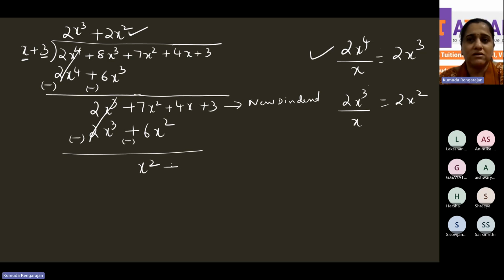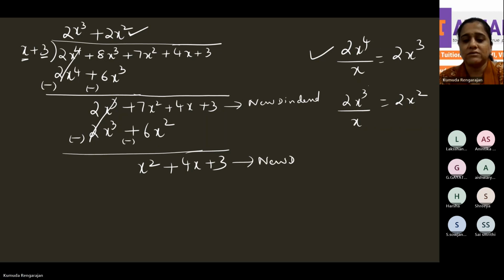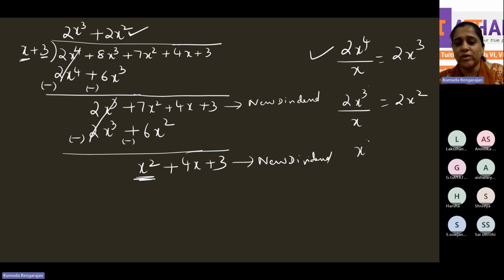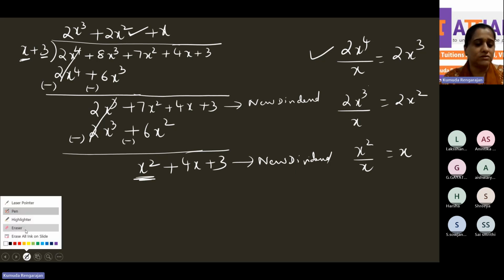Now bring the terms which are not used down. Plus 4x plus 3 down. Now this is again called the new dividend. Divide the first term of the new dividend by the first term of the divisor, which means x squared by x, which is x. Place that here in the quotient.